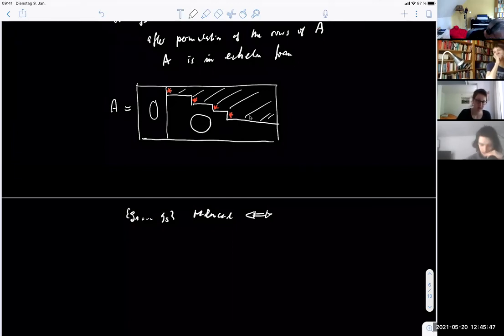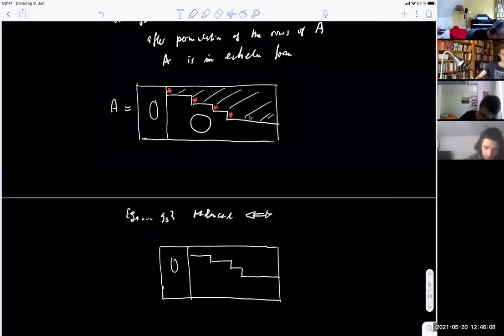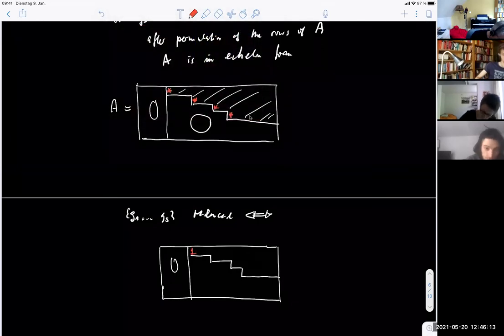So I again try my artistic qualities. How many corners do I have? 1, 2, 3, 4. Let's put it maybe in red. It should be 1.